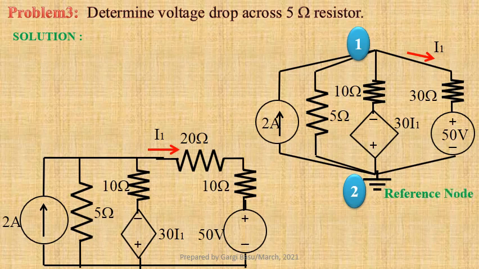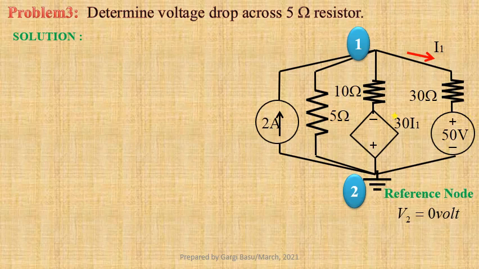Therefore, associated voltage V2 equals 0. We shall write equations taking V1, the associated voltage of node 1, as variable. From rightmost branch, we get our constraint equation I1 equals (V1 minus 50) divided by 30.